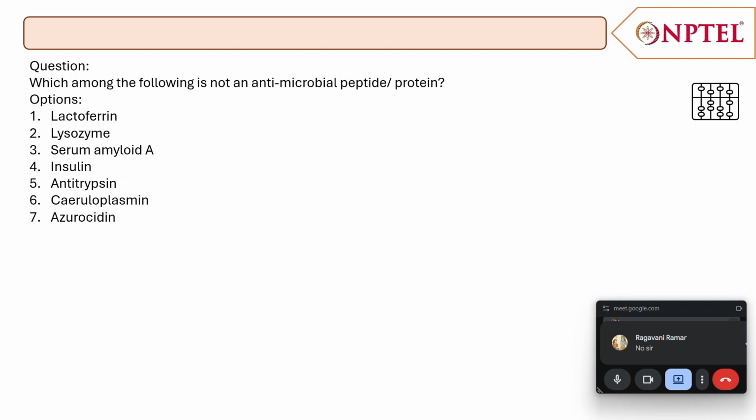Okay, so let's move on to the next question. Which among the following is not an antimicrobial peptide or protein? So what can be the correct answer?